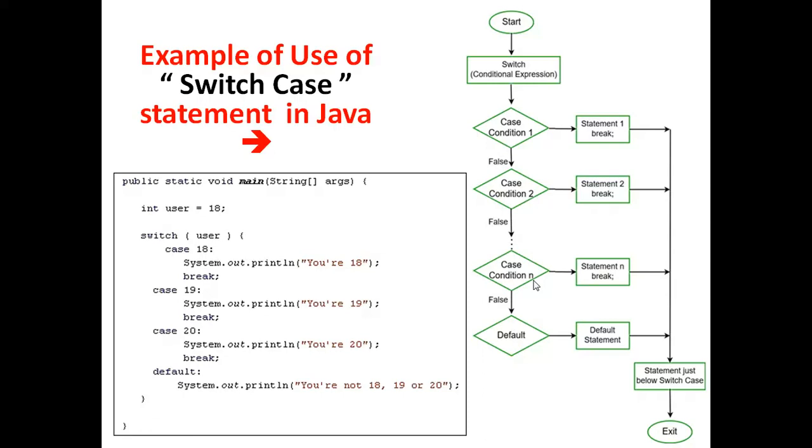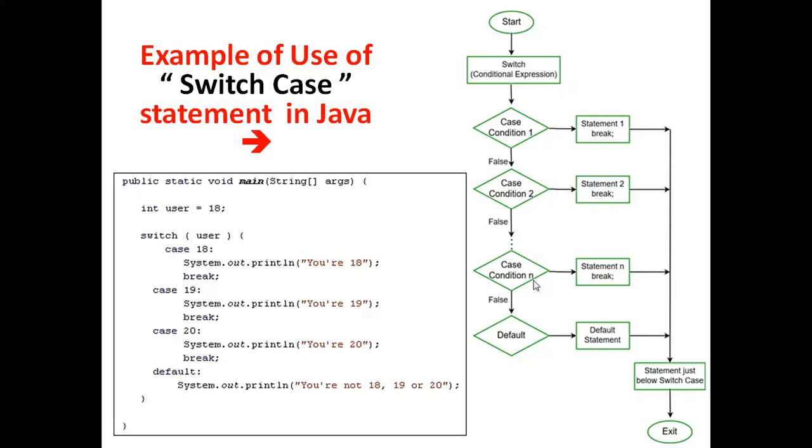In the diagram also we can see that if the condition is true, we have written break everywhere, and when the block is executed, it breaks and moves outside the switch case. Now in the code, we have written the main function, and in the main function we have declared one variable user, which is of integer type, having the value 18.